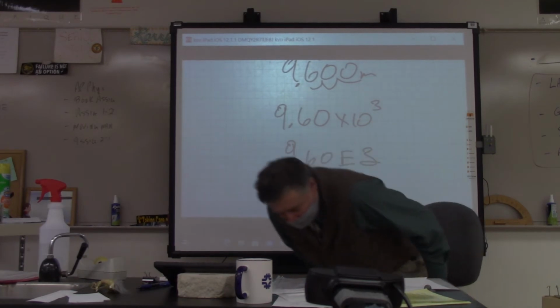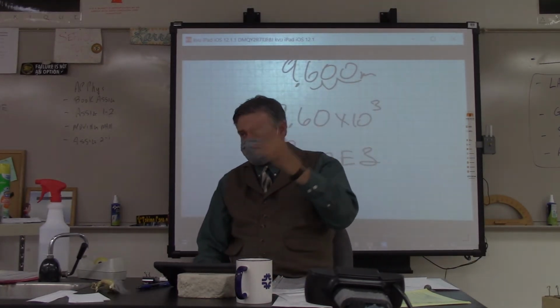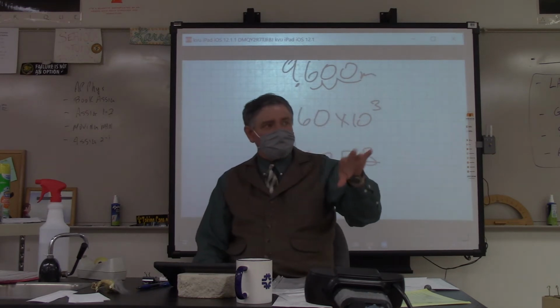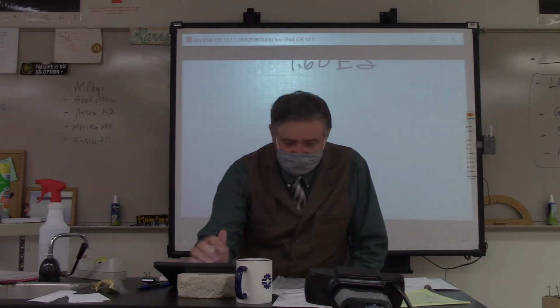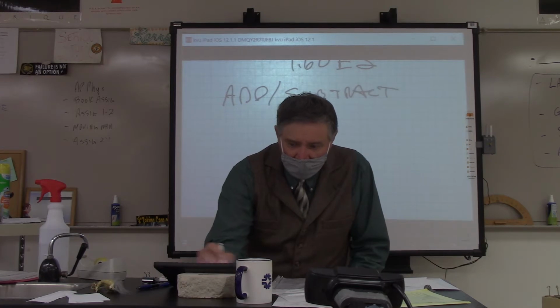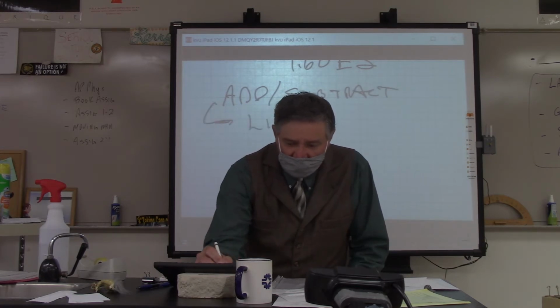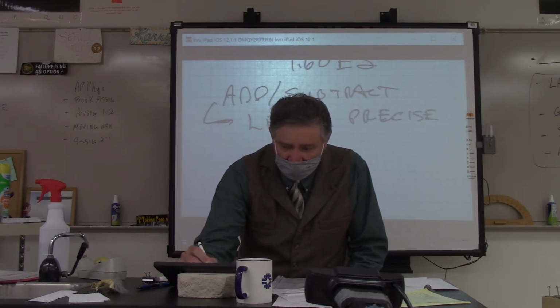Okay. Now, we're going to have 2 broad types of operations that we're going to do in this class. We're going to add or subtract, and we're going to multiply and divide. And the rules are a little bit different. So if you add or subtract, okay, this is based upon the least precise number.